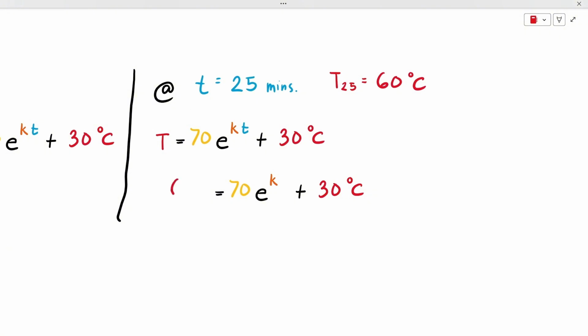We have 60 degrees Celsius here and 25 minutes.